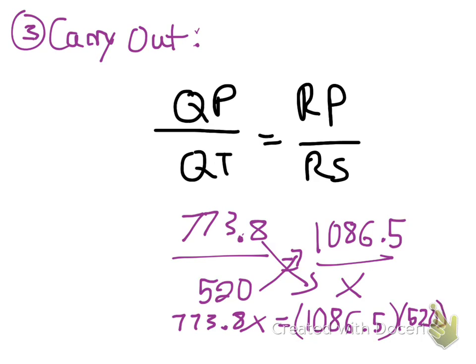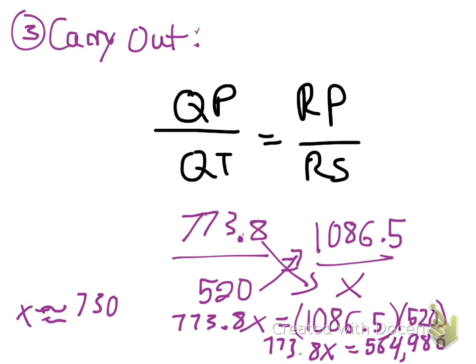Plug that in my calculator. 773.8x equals 564,980. Divide everything by 773.8 in order to get x alone, and then x is going to equal approximately 730.14.